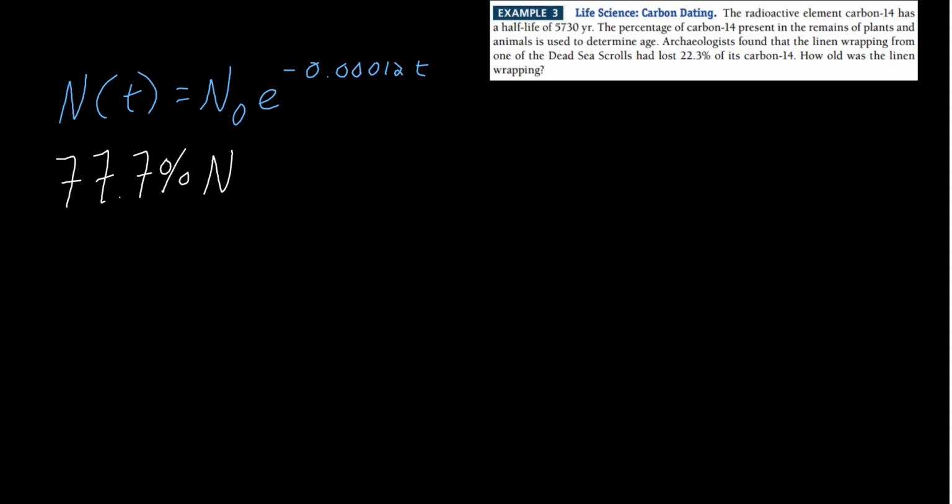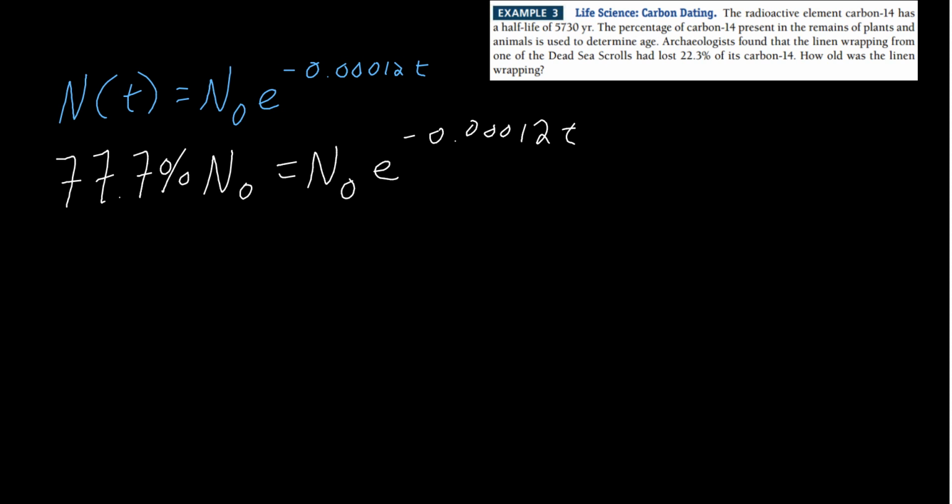That makes sense, because if it's only lost 22.3, there's 77.7% of the initial amount. Then we can put this into the equation like this, e to the negative 0.00012t. Hopefully you see the clever thing we just did there.